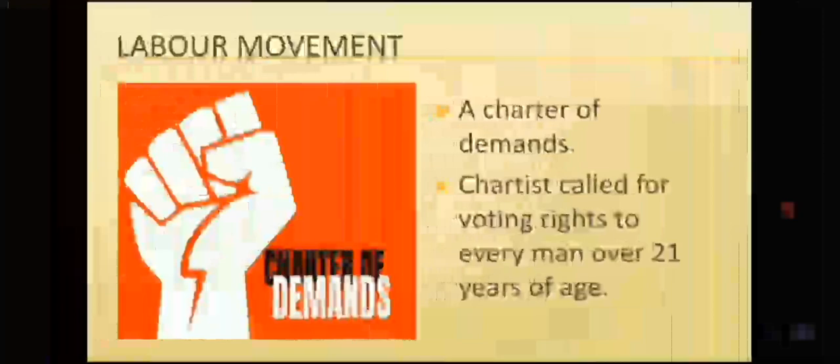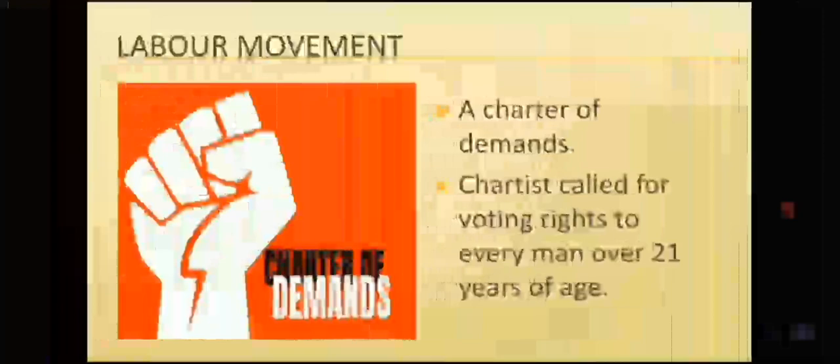The charter was presented to the House of Commons, the Lower House of the English Parliament, and was known as Chartism. This working class movement was active between 1836 and 1848.